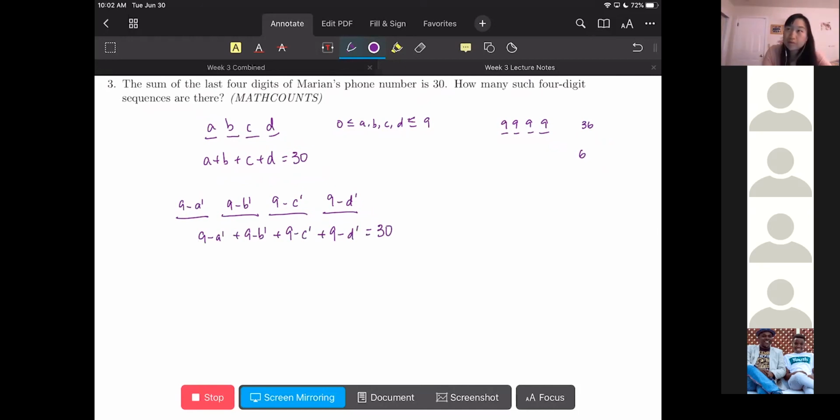Let's first sum: we get 36 minus A prime plus B prime plus C prime plus D prime equals 30. If we rearrange, we get A prime plus B prime plus C prime plus D prime equals 6.